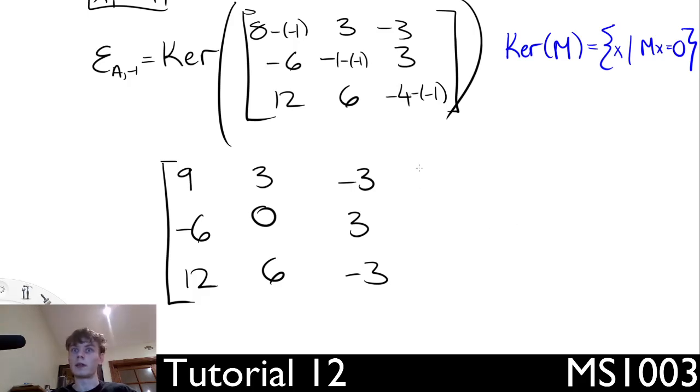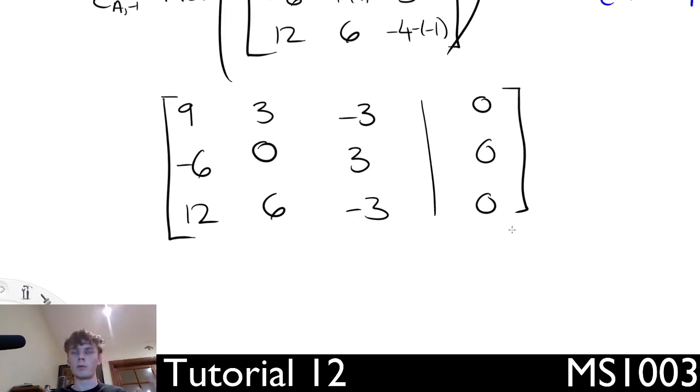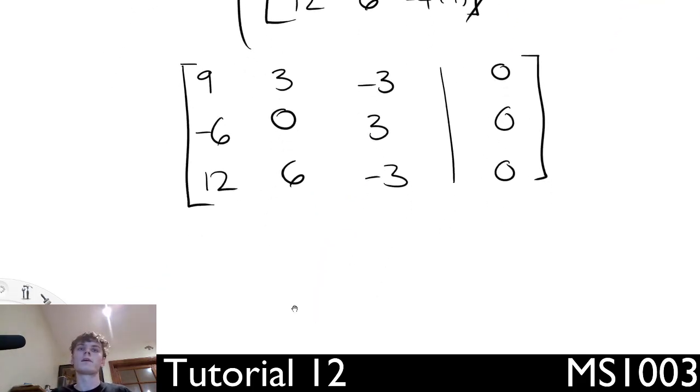So we might as well write that in augmented matrix form, like this. And so if we row reduce this, we'll be able to find equations for the vectors x that satisfy the augmented matrix. So vectors that when I multiply them by this matrix, it's 0. So let's row reduce.